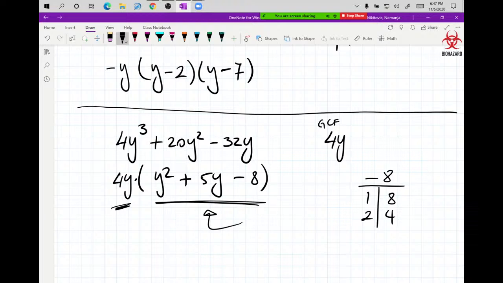However, the trinomial is prime, so we cannot factor any further. We are technically stuck with what we have because that's it. Okay, great. So these are the basics, right, of factoring trinomials.